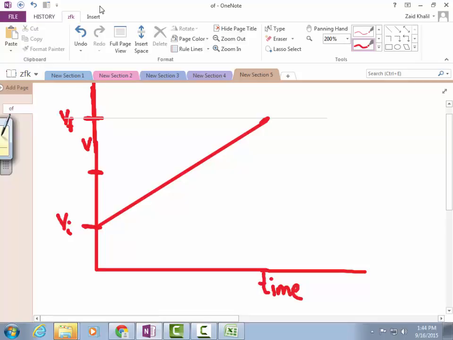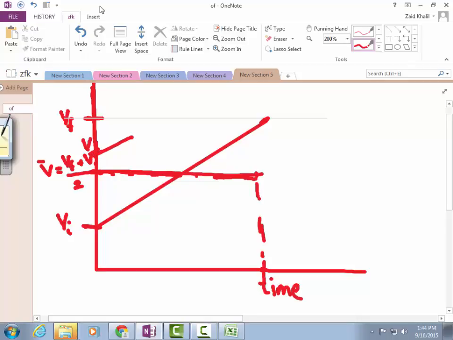And what is that point? The midpoint. So in other words, V bar is equal to what? VF plus VI over 2. I don't know if you can see that. So I'm going to draw this point. So that is VF plus VI over 2.